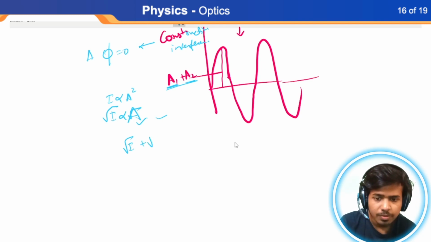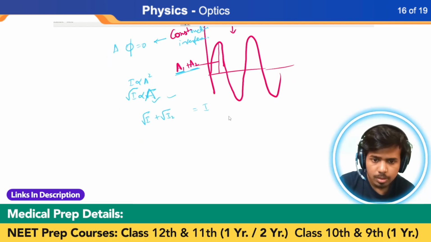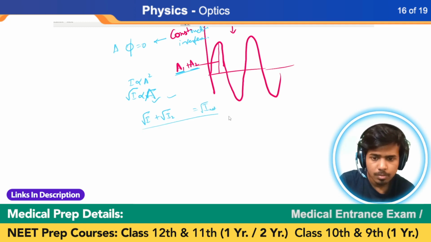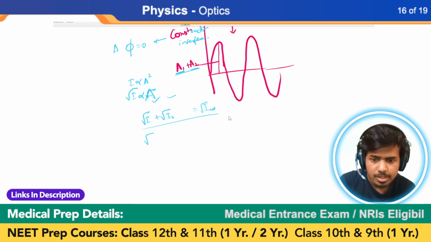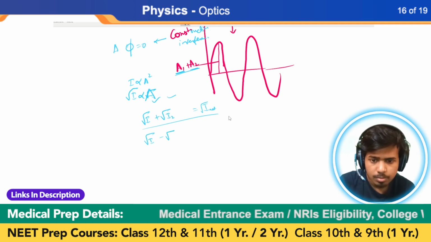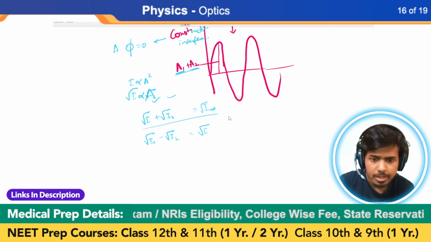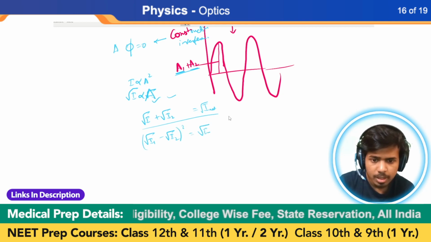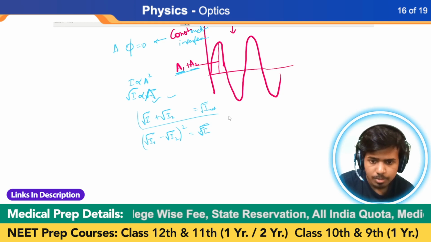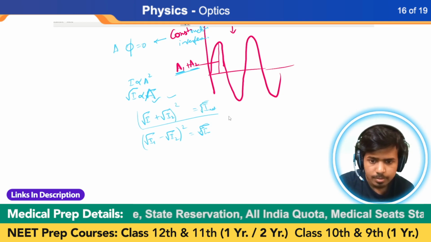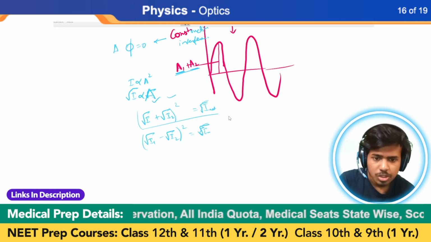So for constructive interference, this looks like root I net equals root I1 plus root I2. And for destructive interference, it should be root I1 minus root I2 is equal to root I net. So when you square them, it becomes I net for constructive and destructive.